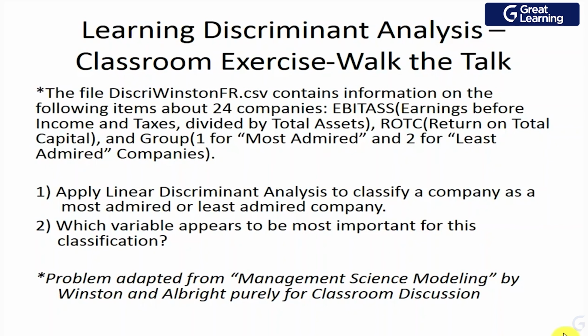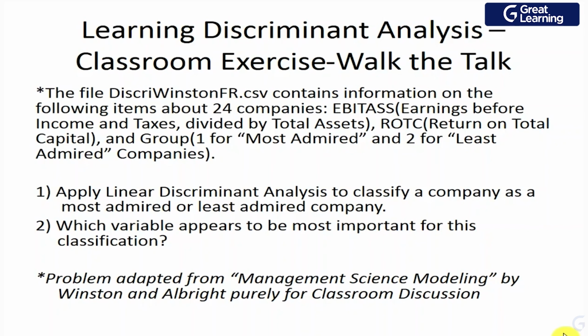Let me explain this. There is a classic problem given in one of the very good books written by Winston and Albright, Management Science Modeling. From that book, I picked up this example of 24 records only to explain what is discriminant analysis.